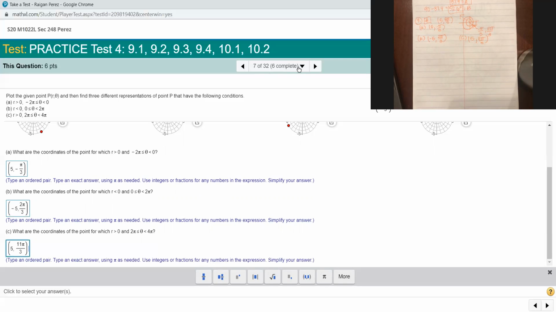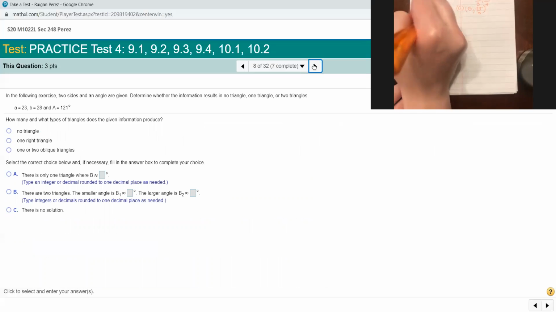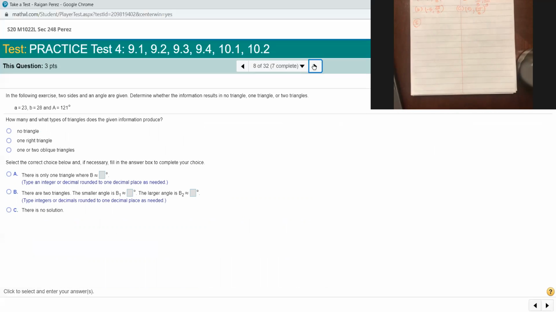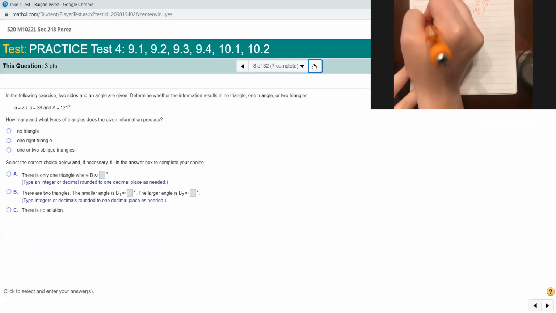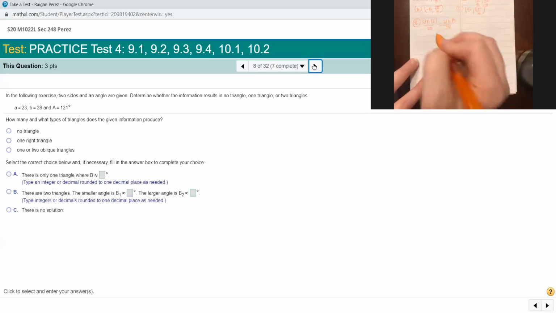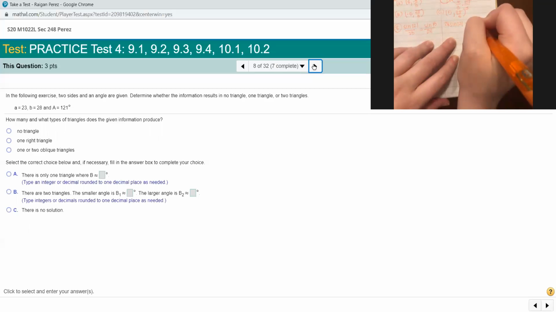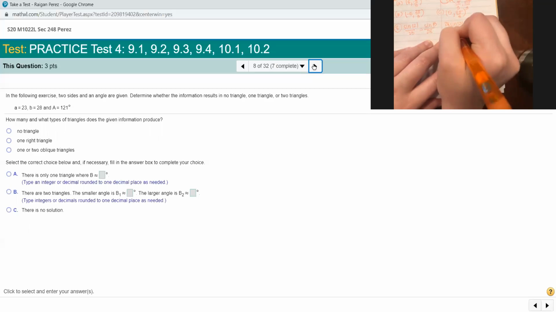All right, number 8. Okay, and the following exercise, we got to find sine B again. This is just like the other one. So I have sine of 121 over 23 is equal to sine B over 28. So 28 times sine of 121 is equal to 23 times sine B, and I'm going to divide by 23.